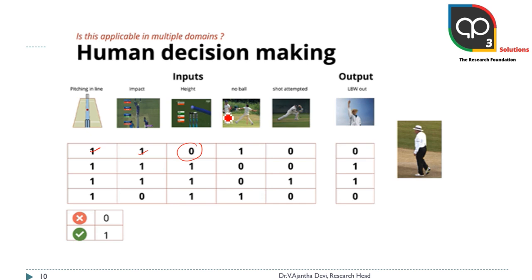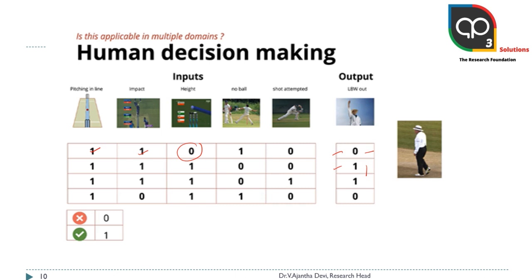That is how you read this data. In all of these cases there was some decision which was made, and now you have access to this decision, and you could represent it as zero for not out and 1 for out.